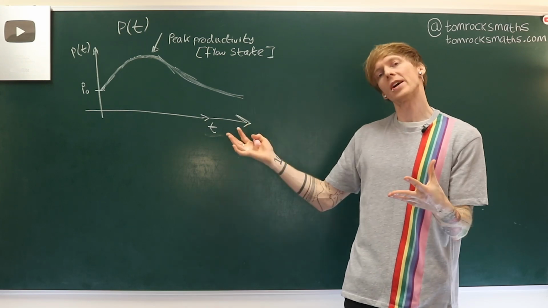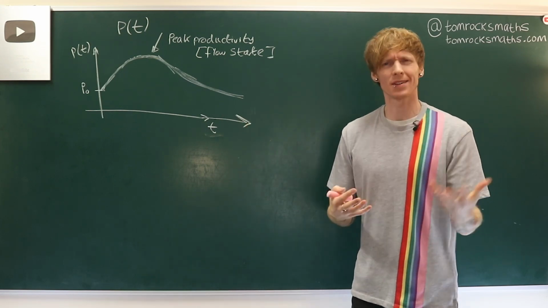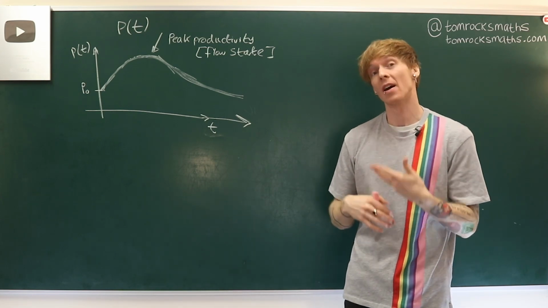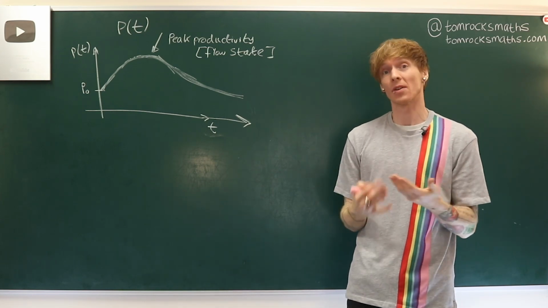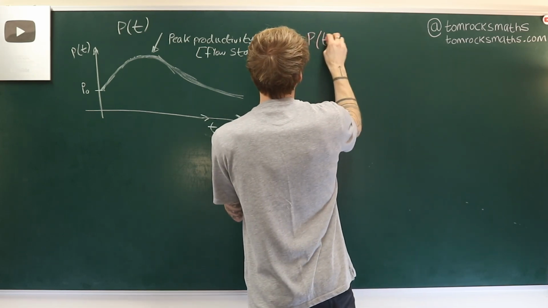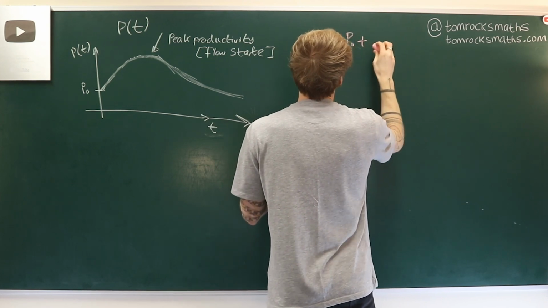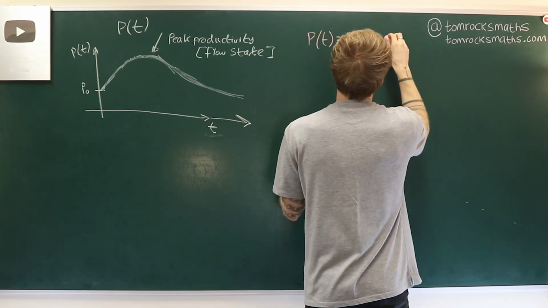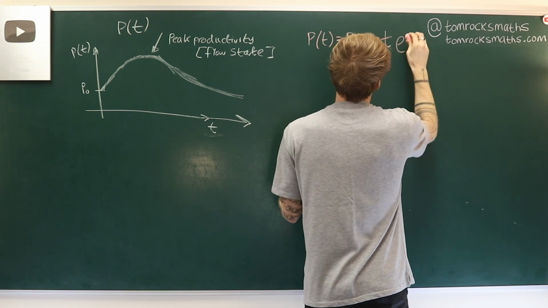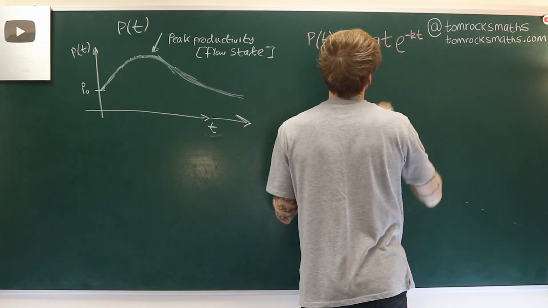Now this shape of curve is actually modeled really well by what we call a Poisson distribution or a Poisson function, which has the following equation. So P of t for a Poisson curve is an initial value P0 plus some amplitude A times t times e to the minus kt.